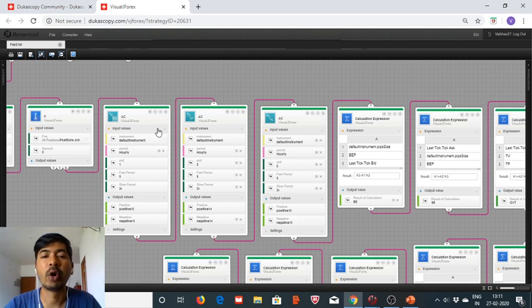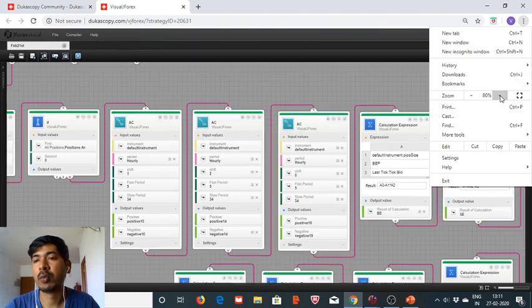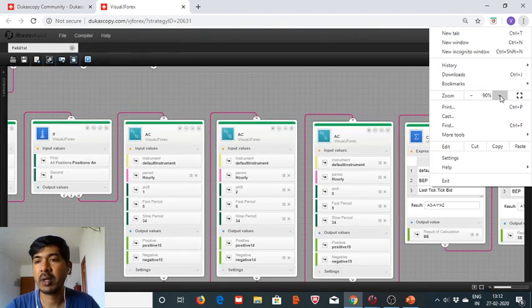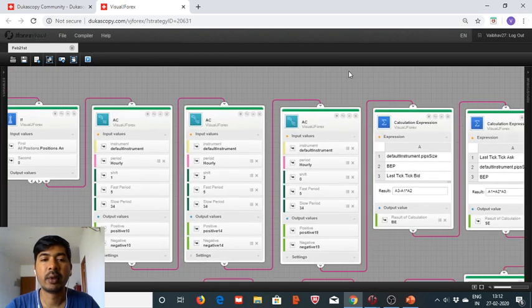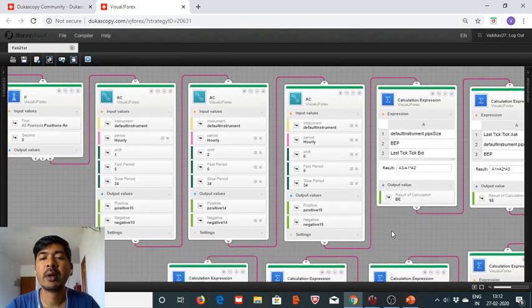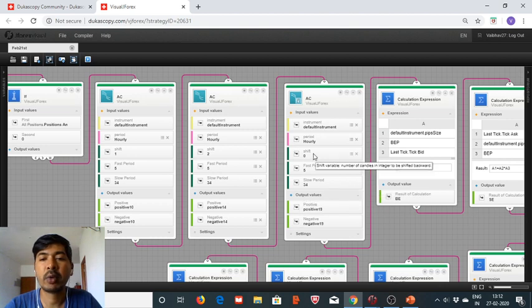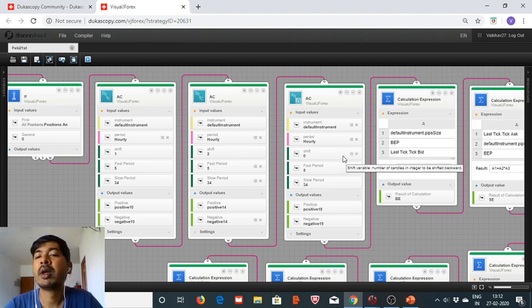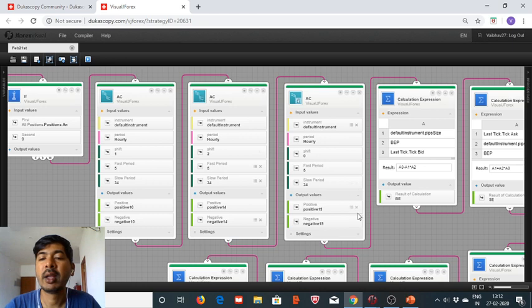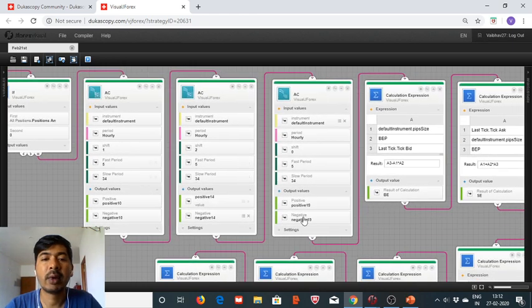Then these are blocks for the acceleration deceleration oscillator. I think I will need to zoom in further. So here it is, and these blocks have been utilized. Here you can see that shift 0 means this is the value of the current period, current hour, this is 1 hour back, and this is 2 hours back. Here we are utilizing these values to see that the trades are going to be opened only when the momentum shifts from bullish to bearish, or from bearish to bullish.